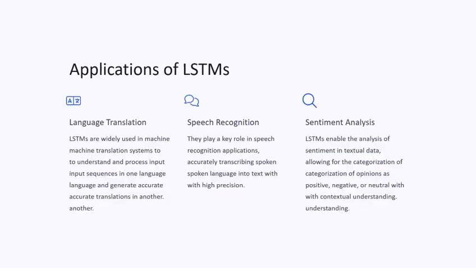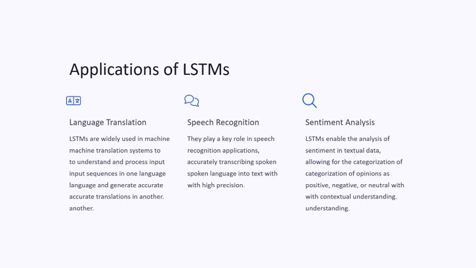Applications of LSTMs. First application is language translation. LSTMs are widely used in machine translation systems to understand and process input sequences in one language and generate accurate translations in another language. Second application is speech recognition.